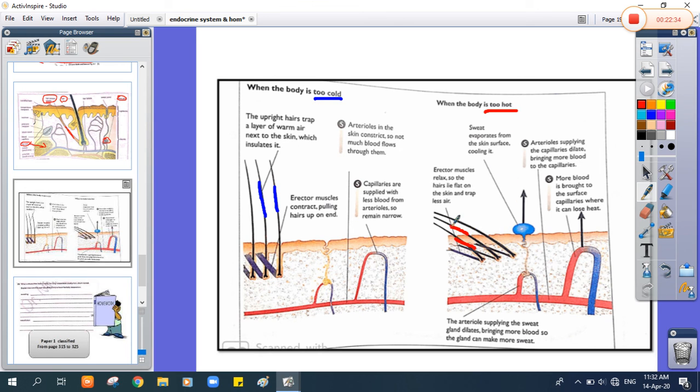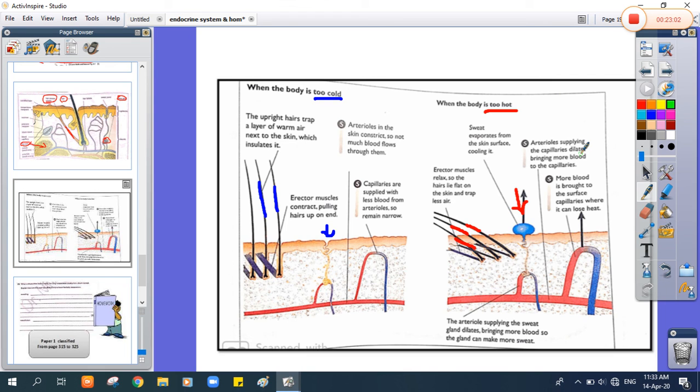Okay, let's compare. In the too cold weather, what happened else? Yeah, there is no sweat here, no sweating. On the other hand, in the hot day, you can notice the sweat here above the sweat gland.